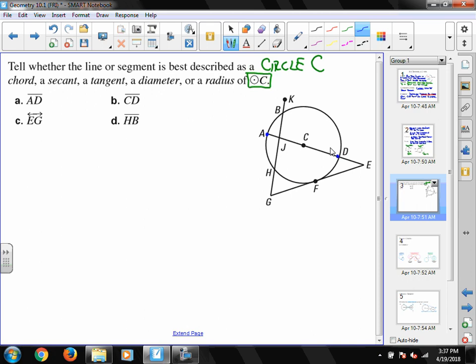So AD is a segment, and it passes through the center C, goes all the way across, so that is going to be a diameter. Segment CD looks like it goes from the center C all the way to one point. I would classify that as a radius.